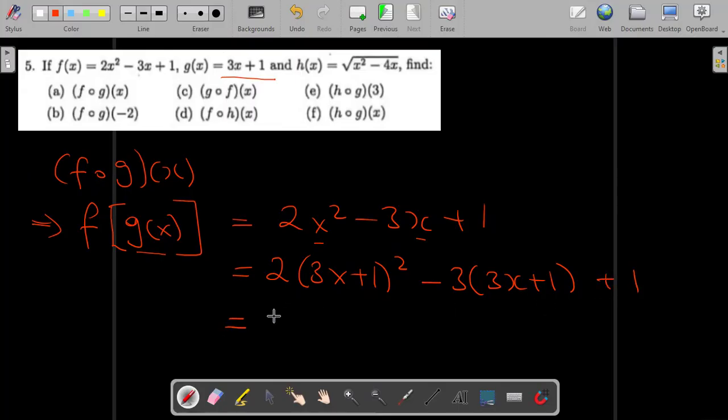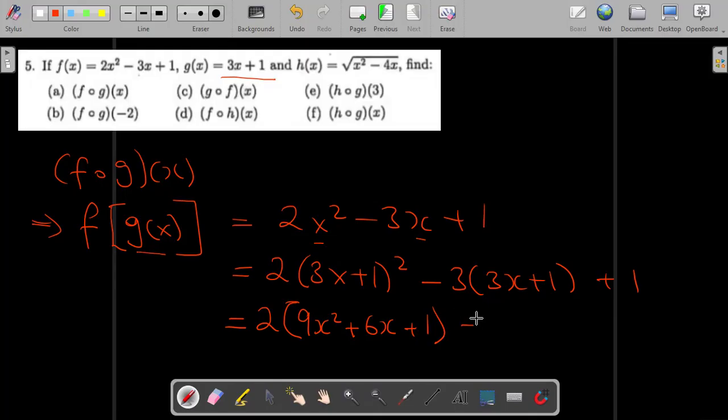Then I can expand this. When I expand 3x plus 1 squared, 3x multiplied by 3x gives me 9x squared. Then you work that out and get a positive 6x, then a positive 1 there. So that's expanding this.